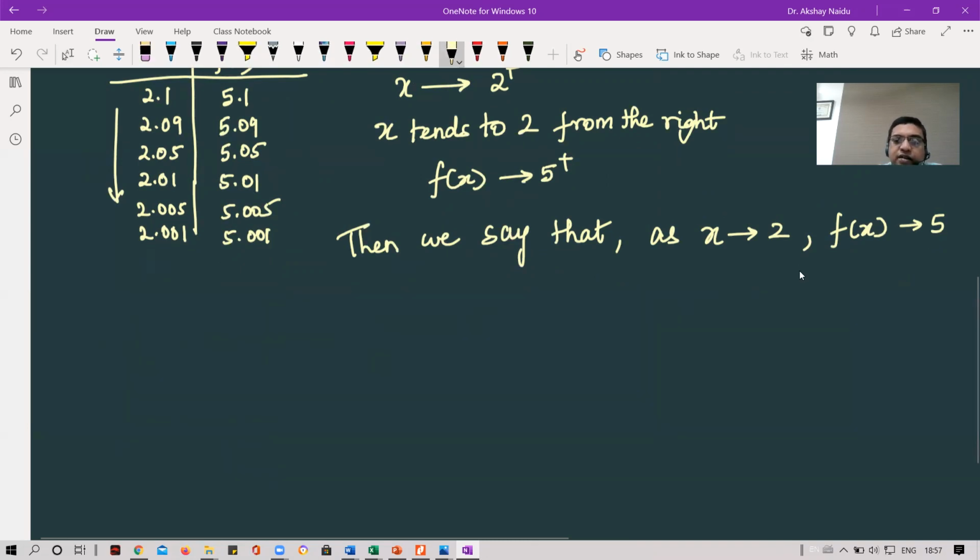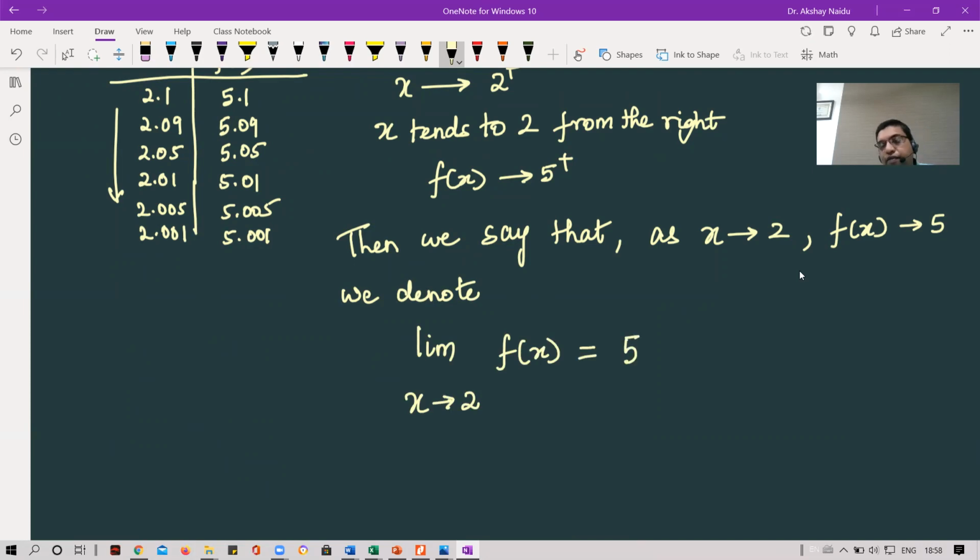Thus we denote limit of x tending to 2, f of x is equal to 5. We denote like this: limit of the function as x tends to 2 is equal to 5.